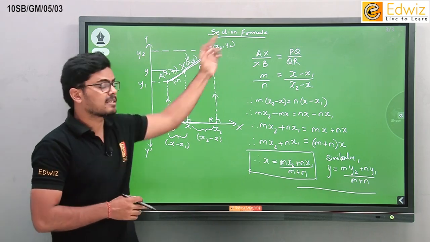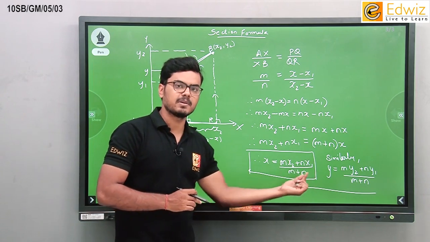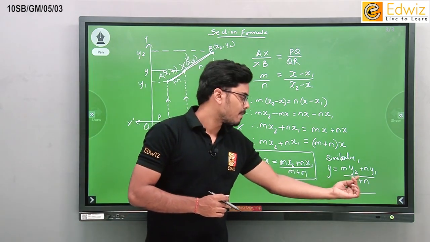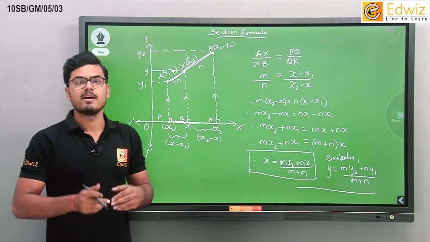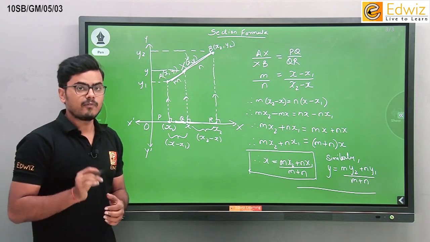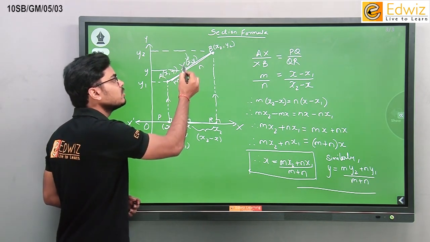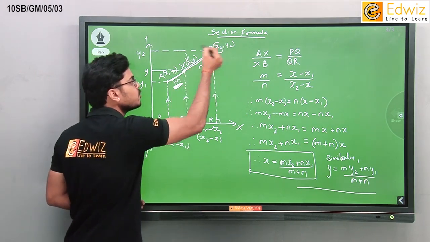Okay, that's why it's section formula. So the value of x is mx2 plus nx1 upon m plus n, and the value of y is my2 plus ny1 upon m plus n. Now when you use this formula while solving the question, don't forget the position. Meaning if I am finding this point, the value of x is m into x2.